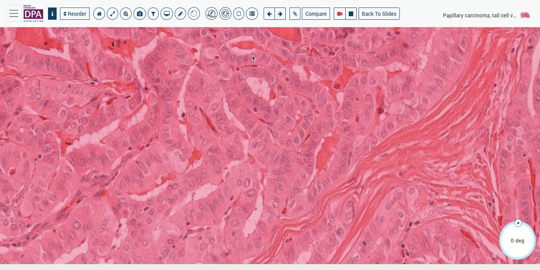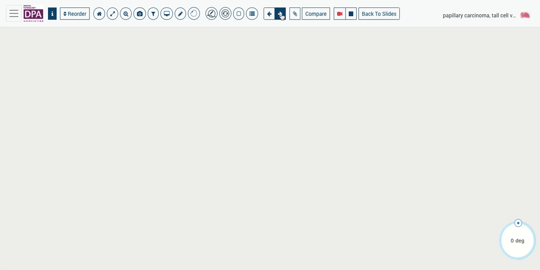Now, obviously, not all the cells, like right here, are taller than they are wide, or 3 times as tall as they are wide. But those are the minority compared to these other cells that we have here in this case. And as we indicated, you only need 30% of the tumor to be this way.